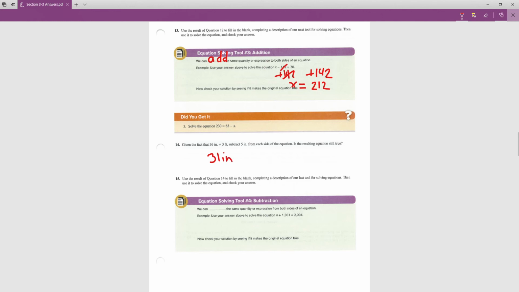But if I take 5 inches away from 3 feet, I'm going to be left with 2 feet and 7 inches. Now the question is, is 2 feet and 7 inches equal to 31 inches? And it is true because this would be 24 inches if we think about our conversions, plus 7 inches, and that is 31 inches. So this is still true, yes.